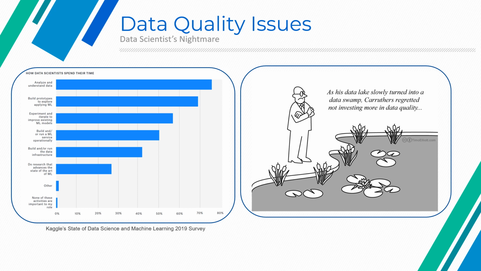This picture, I think, is familiar to you. There are companies that are investing a lot of money in the infrastructure, building data warehouses and data lakes. However, if you do not care about the data quality, all of these fancy infrastructures will be useless.